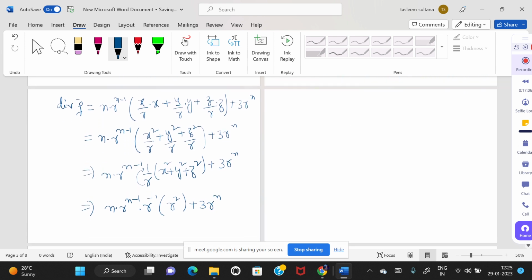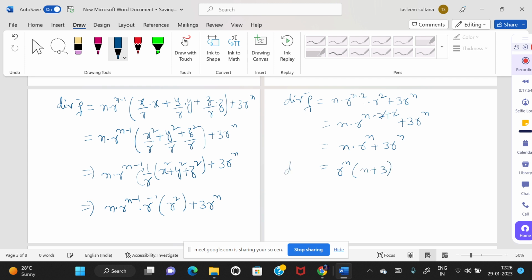Bases are the same, powers will be added: n minus 1 minus 1 gives n minus 2, then into r to the power of 2 plus 3 r to the power of n, which equals n into r to the power of n minus 2 plus 2, plus 3 r to the power of n, which equals n into r to the power of n plus 3 r to the power of n, which equals r to the power of n times n plus 3.